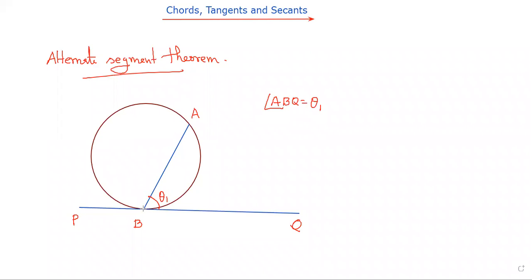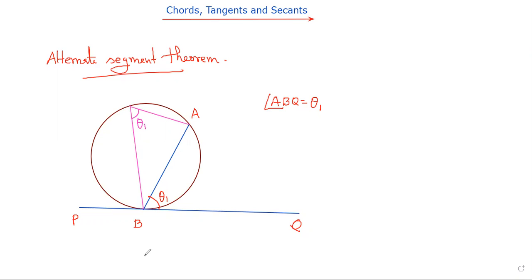This AB is forming an angle, let's say here, up to that. So what is happening? This AB, in the other part, the part other than the one in which I considered this angle, is forming an angle. That angle will also be theta 1.